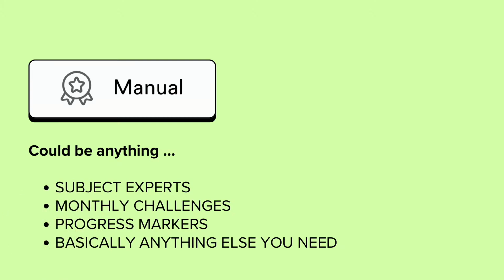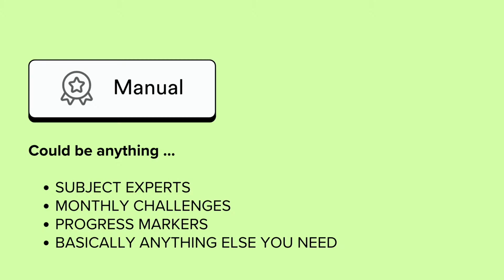We have a second category of badges that are called manual badges. These can literally be anything. So you can give a badge to people who have, for example, delivered a membership share inside of your community, specific subject experts that have joined you for a Zoom call. You can have monthly challenges as we've covered.